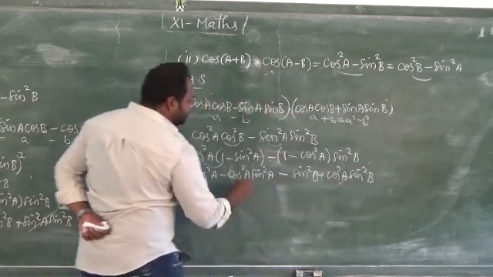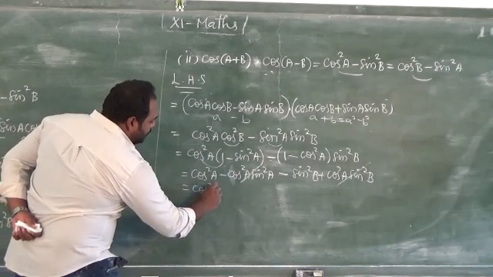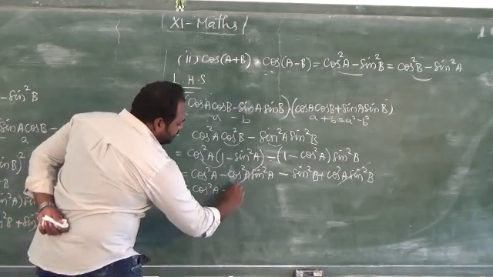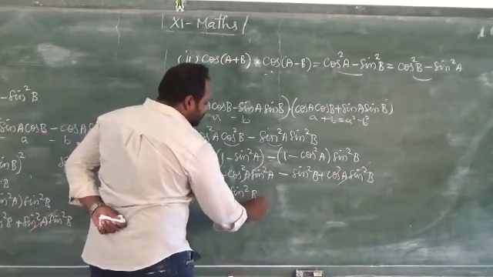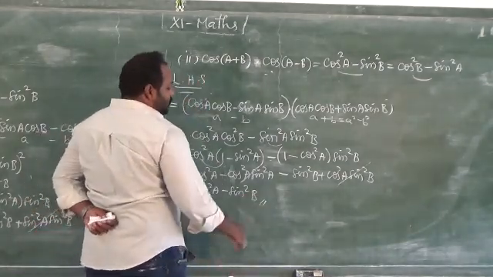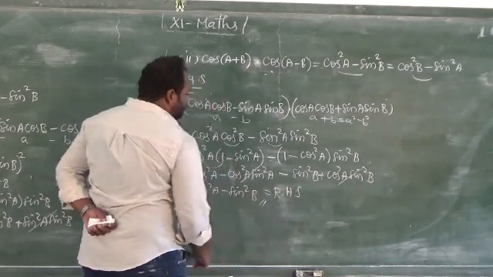So here the plus and minus will be cancelled, remaining cos square a minus sin square b. So this is one part, the RHS side.